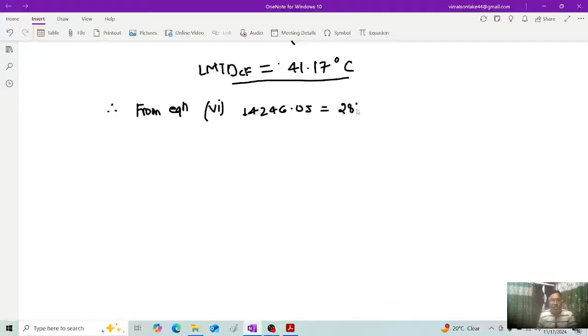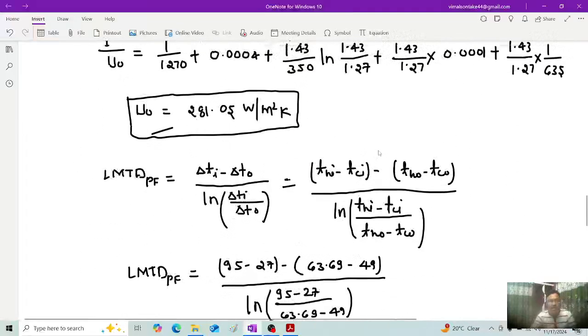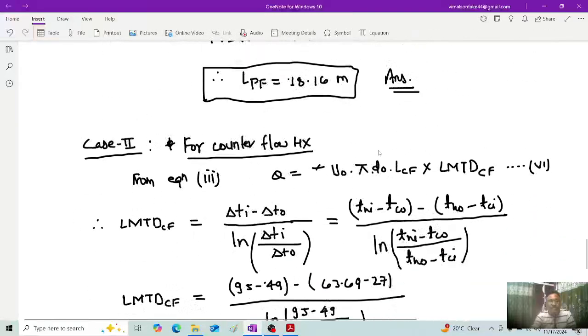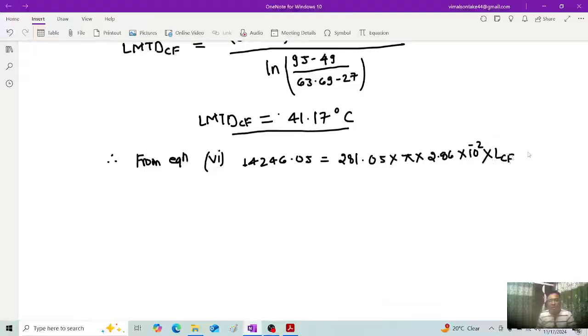Value of U naught is 281.05, into pi into D naught is 2.86 into 10 to power minus 2 into L of counter flow into LMTD counter flow is 41.17 degrees Celsius.